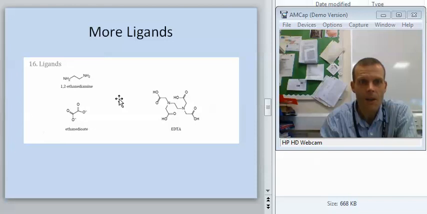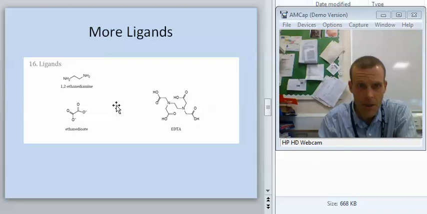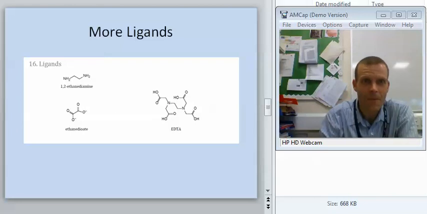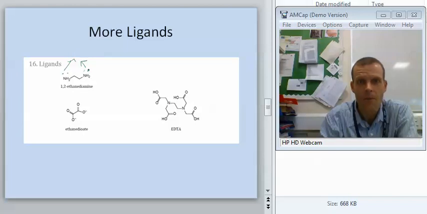Right, so some ligands. We talked about ligands on the other page. We had ammonia and water as examples there. These are some from the data book, slightly more unusual in that they are bidentate or polydentate, which means dentate, can you think of biting. So if we look at our 1,2-ethanediamine here, you can see there are lone pairs on both of these, and that could form 2 dative covalent bonds.